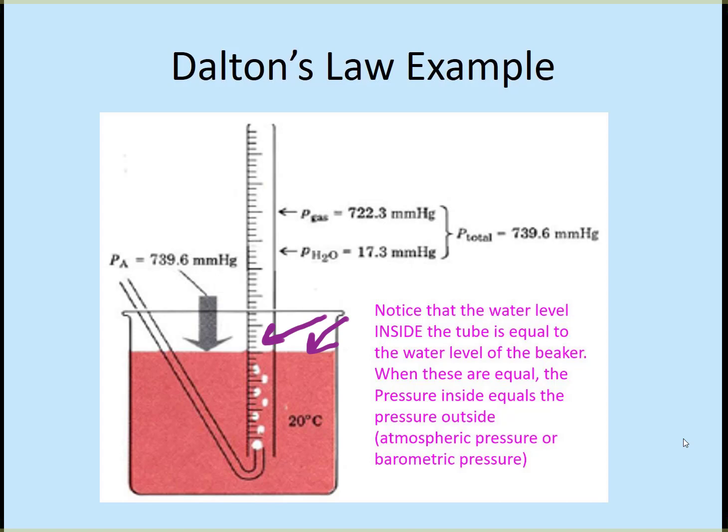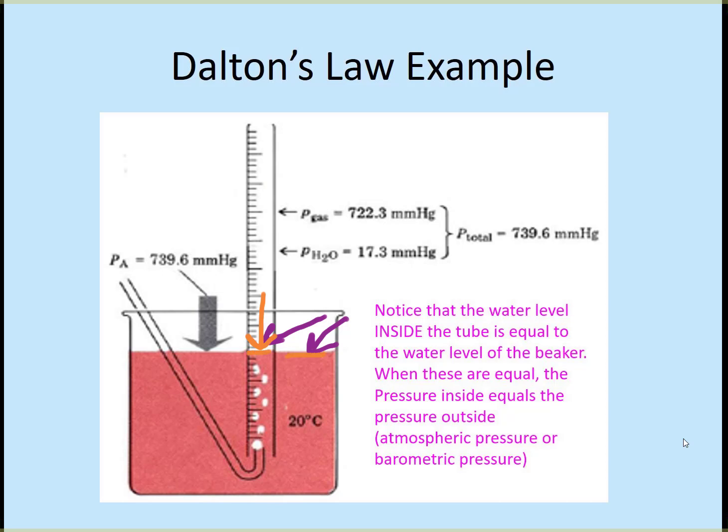When you do that, then you know that the pressure pushing down, the atmospheric pressure, will be the same as the pressure inside the tube. So it's just an easy way to figure out pressure. Again, the pressure outside will be equal to the pressure inside as long as their water levels are the same.